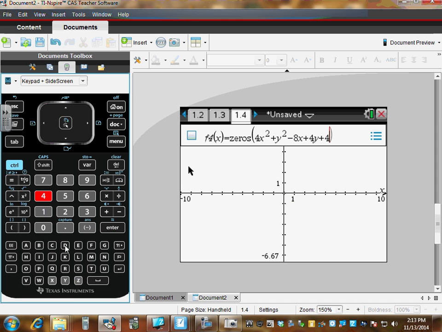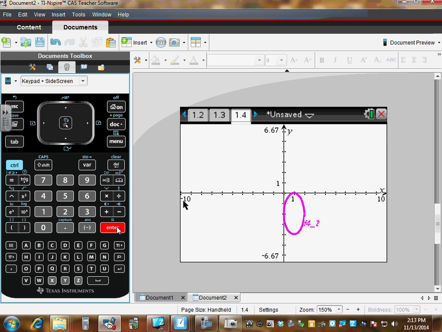Now we're going to put a comma and tell it that we are graphing this function implicitly for y. If we hit enter, we get an ellipse.